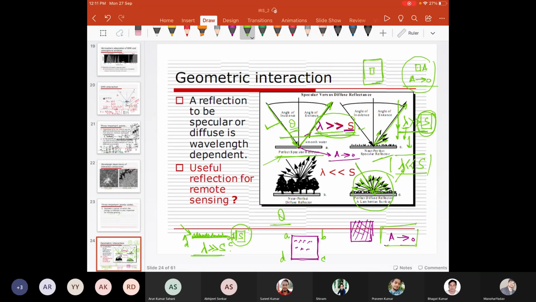And actually for remote sensing, we require diffuse reflection. Who will tell me why? Sir, maybe it's uniformly distributed in all directions.